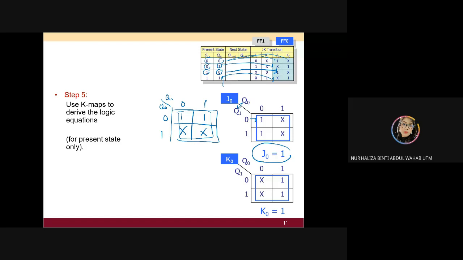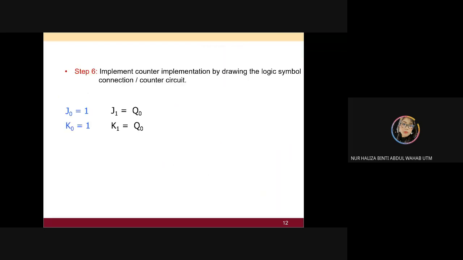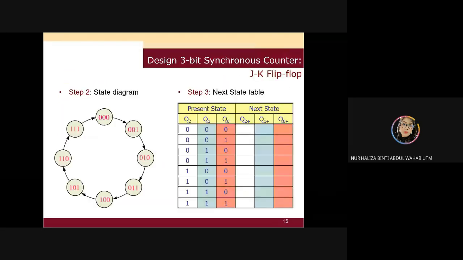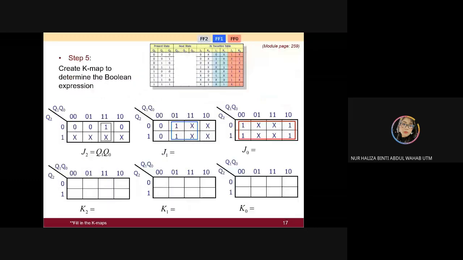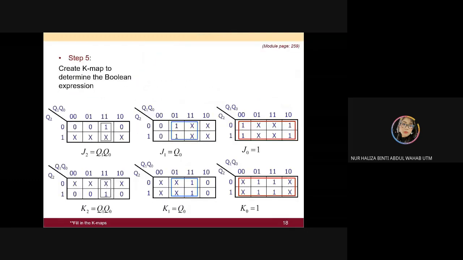It doesn't matter also if you have a much bigger K-map. You can also have it like this for your J0, with Q0, Q1, Q2.